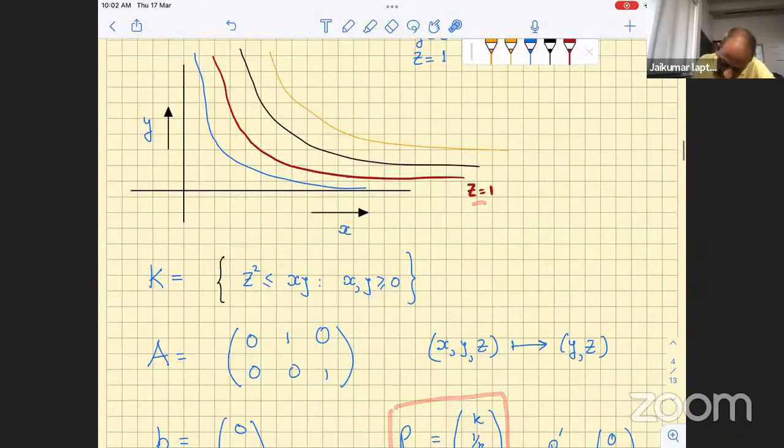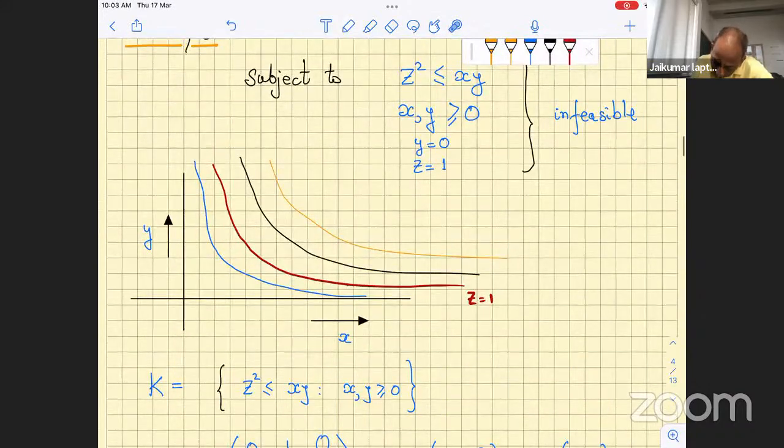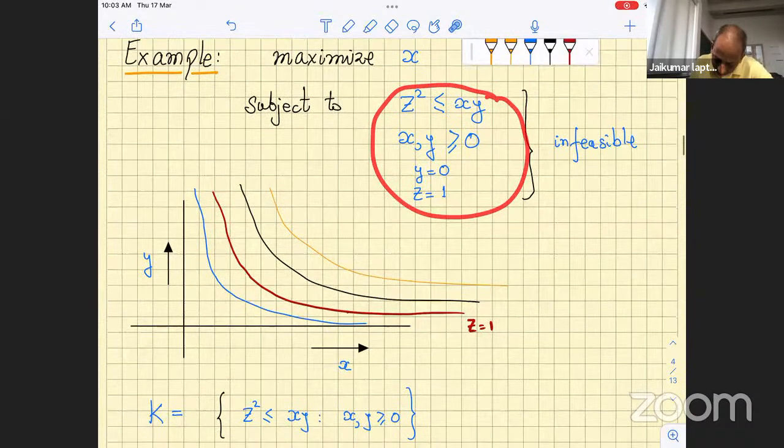And now, as you keep traveling on this line in this direction, let us ask what is happening to these constraints.